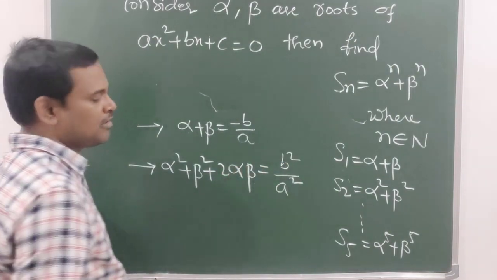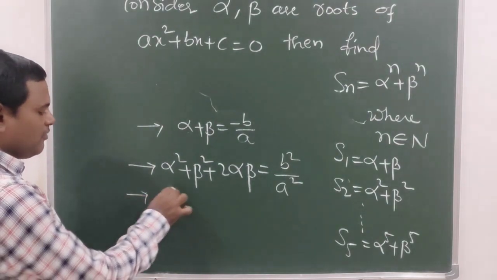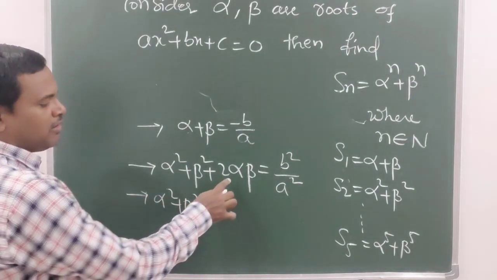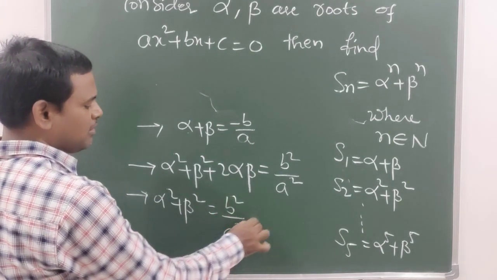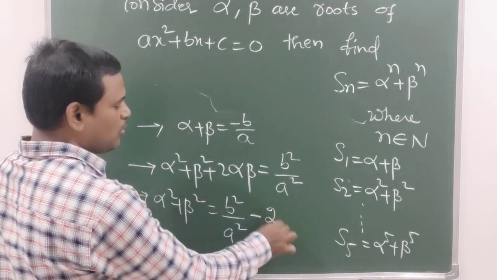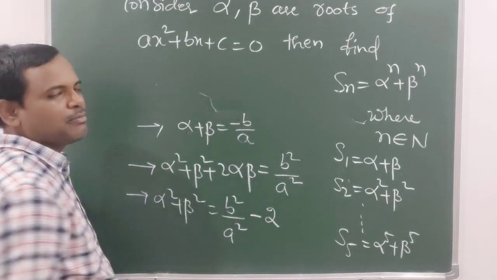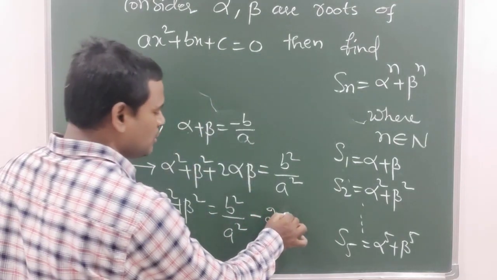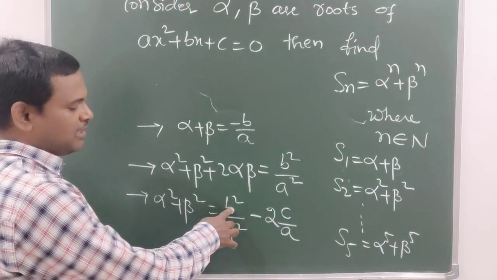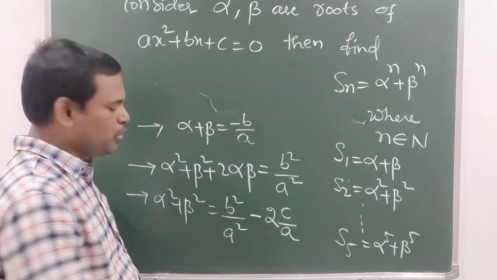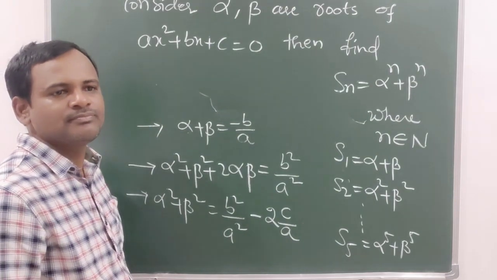So alpha square plus beta square, when you transfer this to the right side, is b square by a square minus 2 alpha beta. Alpha beta is the product of the roots, c by a. If we simplify this, we get b square minus 2ac by a square.